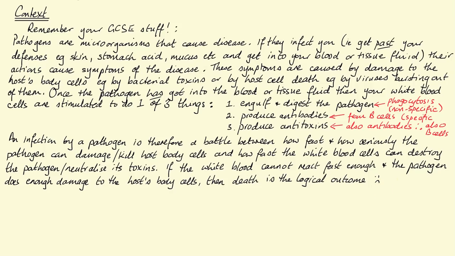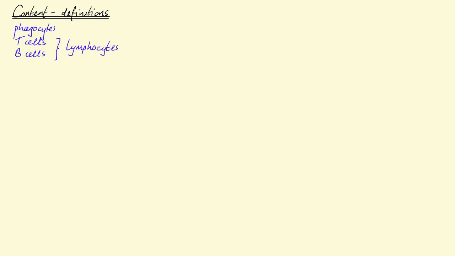So let's do a little bit of content with some definitions. These will all be clarified again in the diagram that follows. So first of all, phagocytes, T cells and B cells. The T cells and the B cells are a type of white blood cell called lymphocytes, but you can call them T cells and B cells in exam answers.